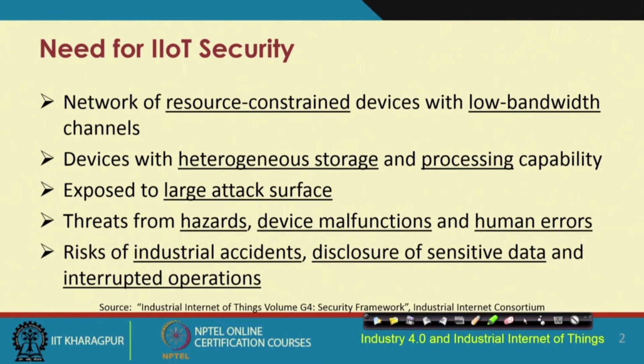Now, when we talk about security, as most of us already know, there are a lot of different security solutions available. Security for IT in general is something that has been well researched.